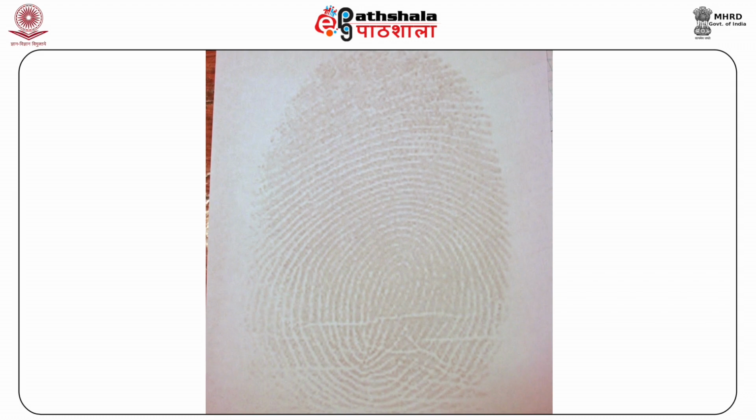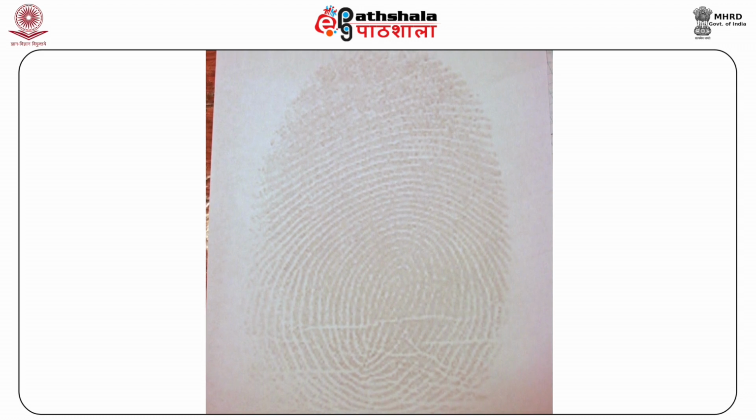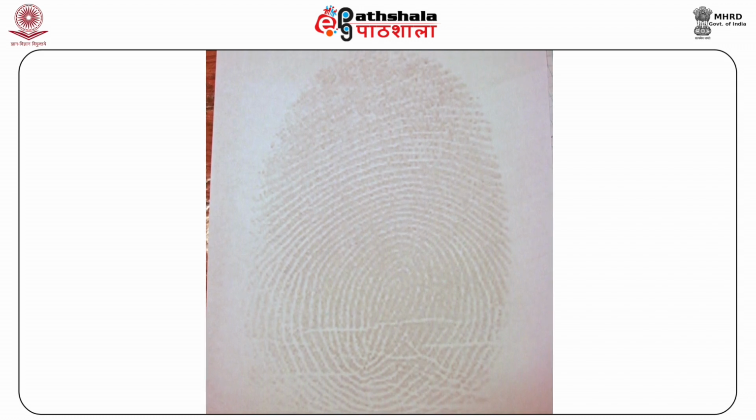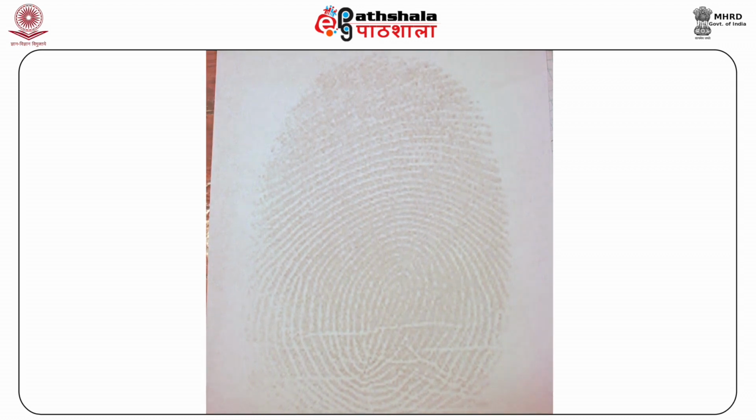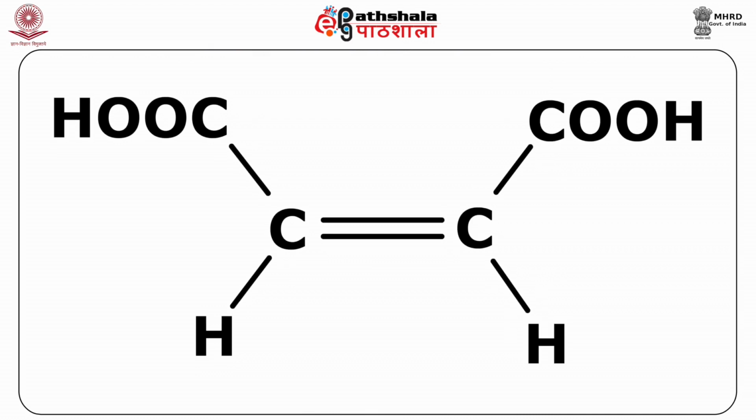It is therefore pertinent to neutralize the alkaline content of paper before attempting to develop fingerprints. This is carried out by giving an acid pre-wash to the paper sample. Malic acid, the structure of which is in the figure, is used for this purpose.